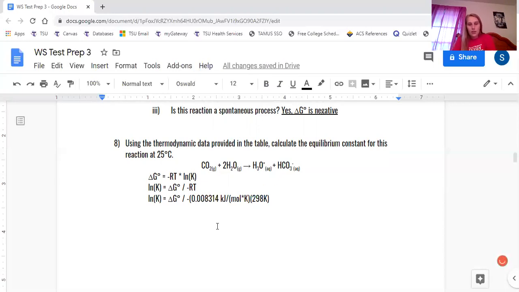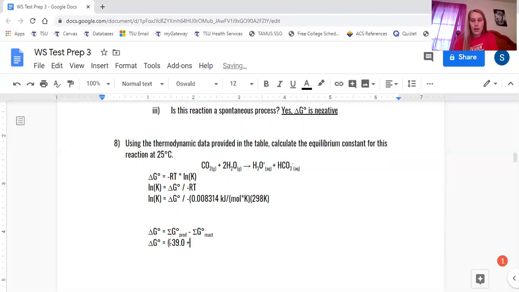We're going to go ahead and find our delta G. I'm just coming down here a little ways and do that. So our delta G equation, we have that. And to find delta G, I'm going to do just like before, products minus reactants. So we're going to have the products here. So we have H3O plus, find our delta G value in our table, just negative 39.